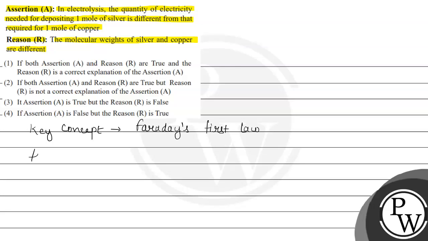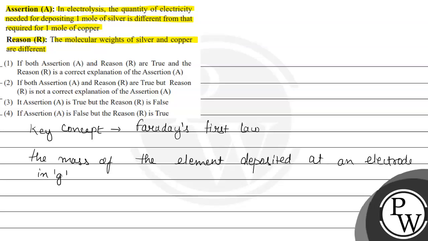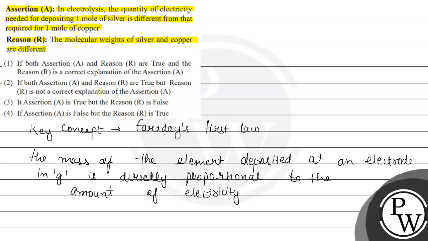So we can write: the mass of the element deposited at an electrode in grams is directly proportional to the amount of electricity passed.